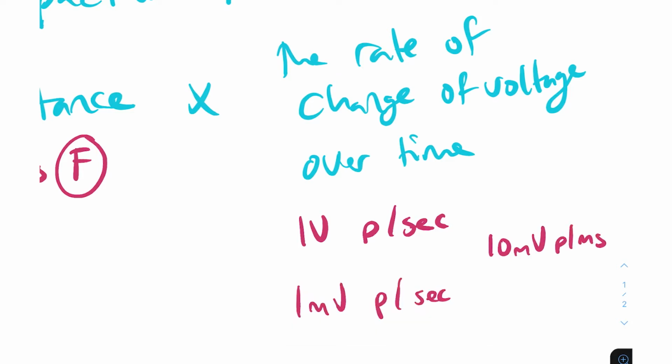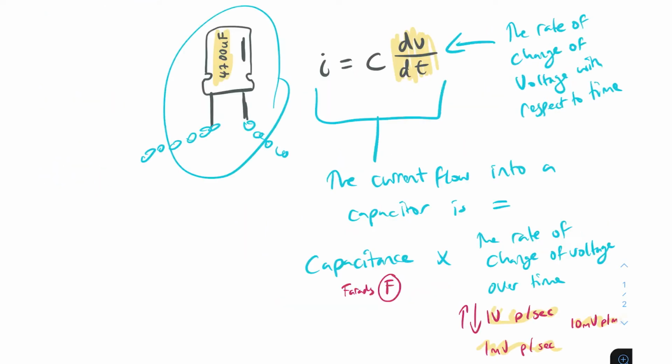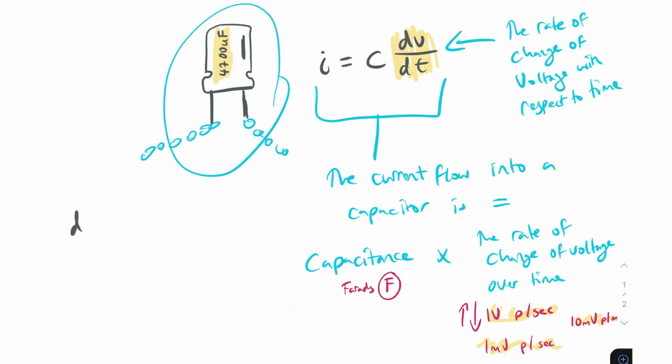So we're saying that the voltage being applied to the capacitor is going up or down, and it's doing that by 1 volt per second, or maybe 1 millivolt per second, etc. So if this dV over dt, which remember is just the rate of change of voltage with respect to time, is a large amount, let's say it was 100, you're saying it's 100 volts per second.